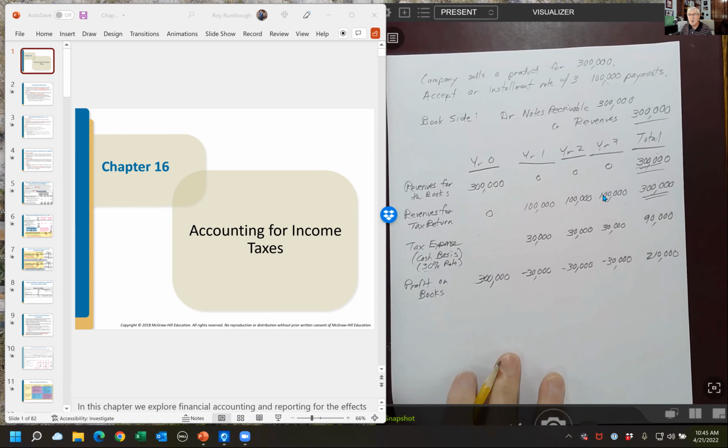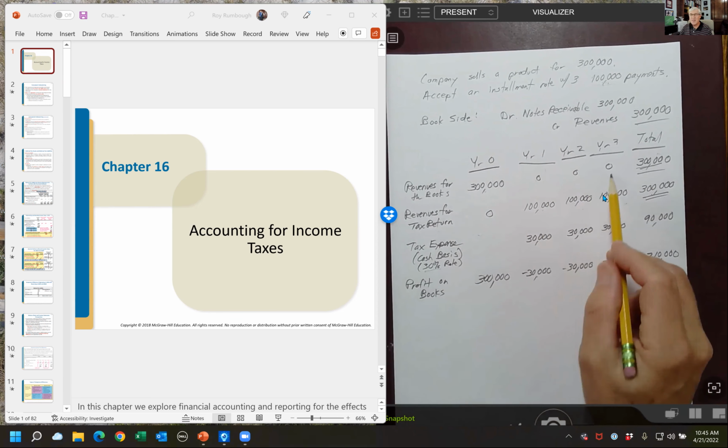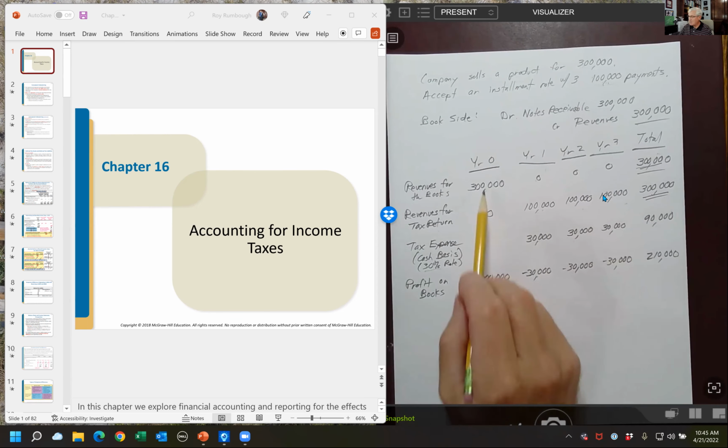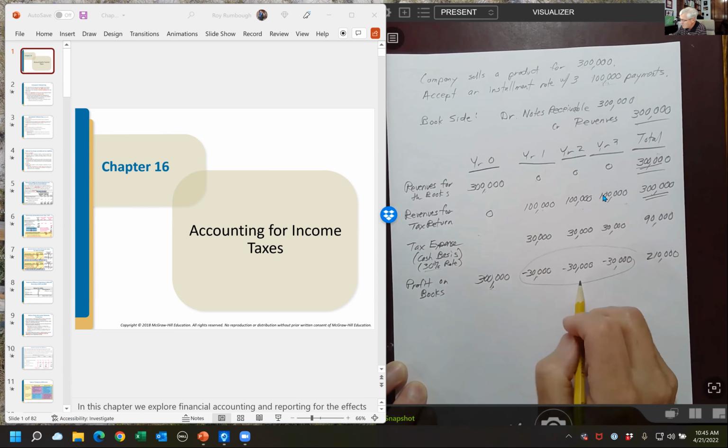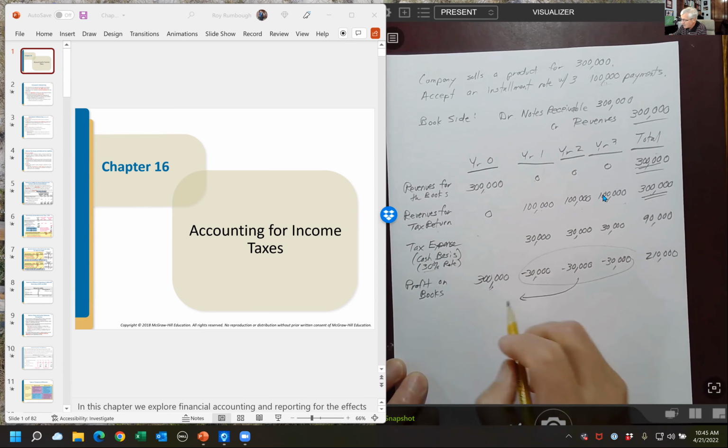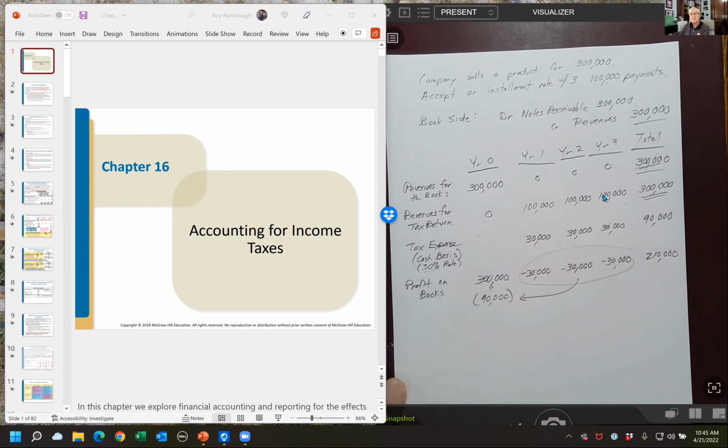Now, do you guys see a problem with this? I really hope you see a problem with this, because we've got expenses in the future where nothing happened in the future. And we have a 300,000 profit in this, whenever this transaction took place, with no tax expense. Okay, that is not accrual accounting. So what we've got to do is find a way to move this 90,000 over here to this year.